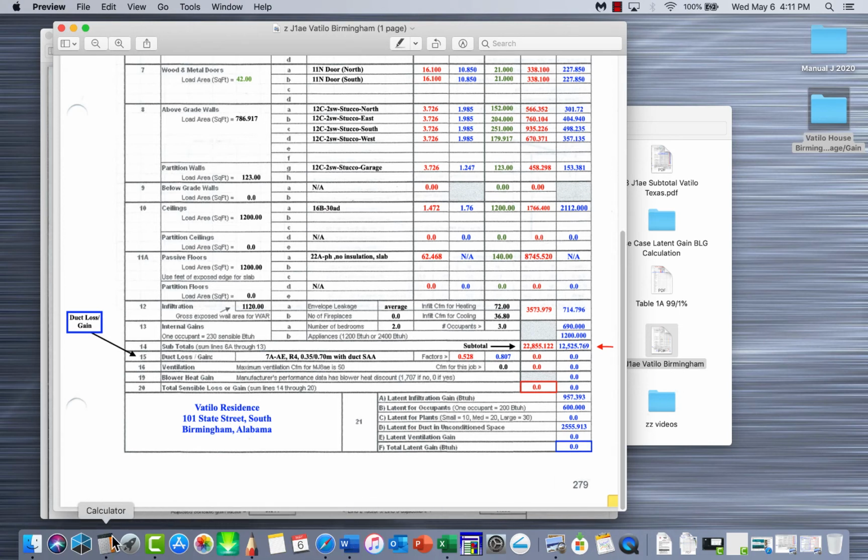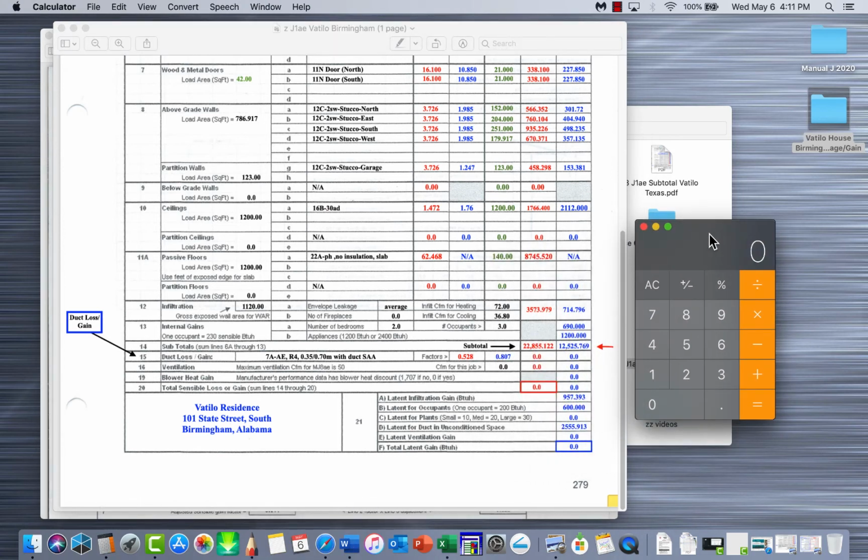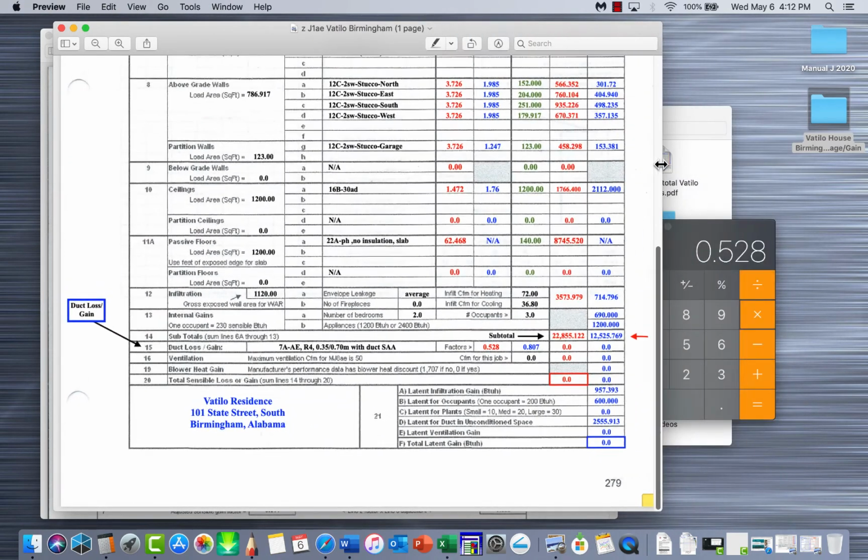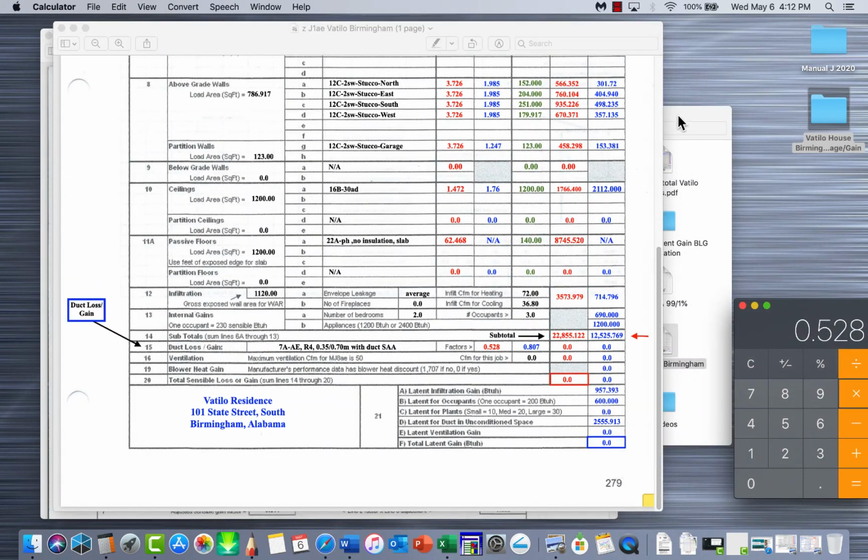And that'll give us our heating and cooling loss, surface area adjustment right up in here for duct lossage. We got 22,855.122 times 0.528. I'll make this a little bigger so you can see a little bit better. Move the calculator over.